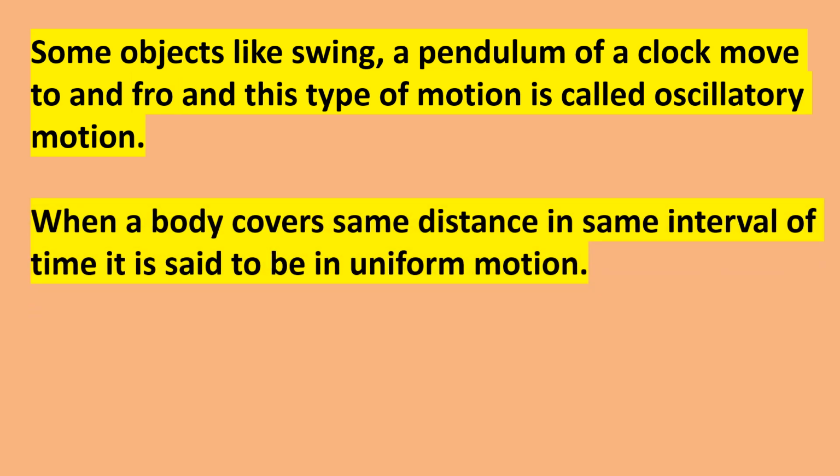When a body covers the same distance in the same interval of time, it is said to be in uniform motion. So what is uniform motion? When an object covers the same distance in the same interval of time. For example, 150 kilometers in the same interval of time means the speed is also the same, the distance is also the same, and the time gap is also the same, like a 10 minutes difference.